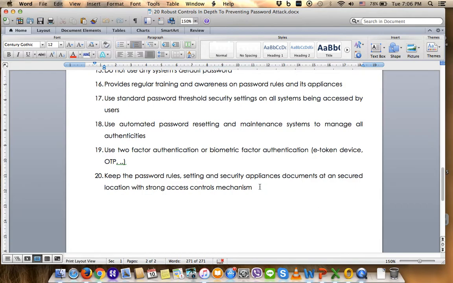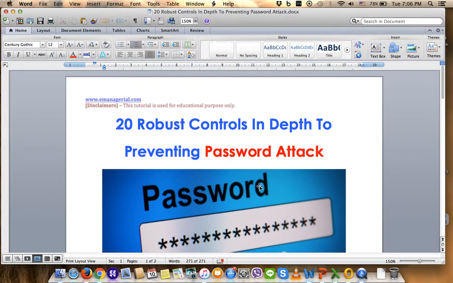We need to keep the documents in a secure area, such as a secure or fireproof cabinet. This is a control activity that prevents unauthorized persons from access, in order to minimize the risk of password compromise.